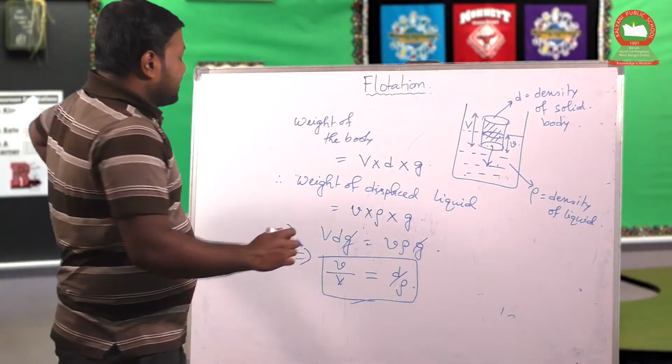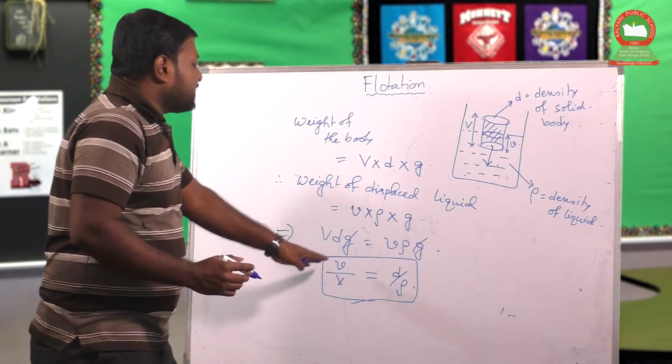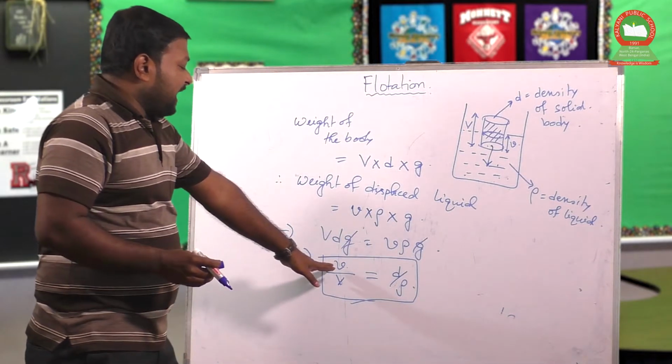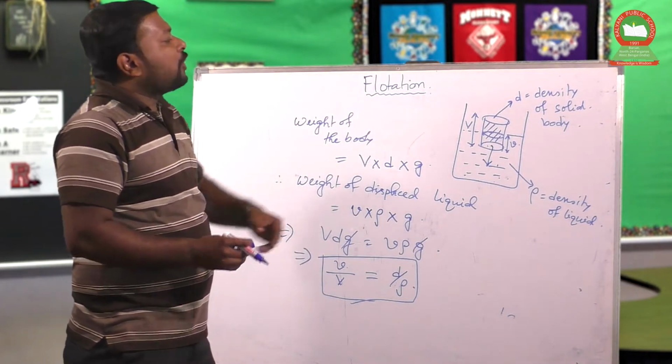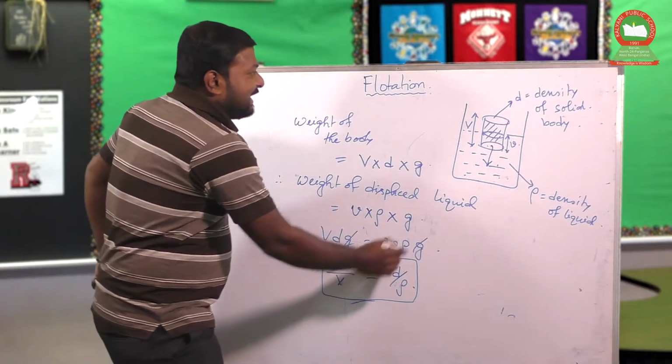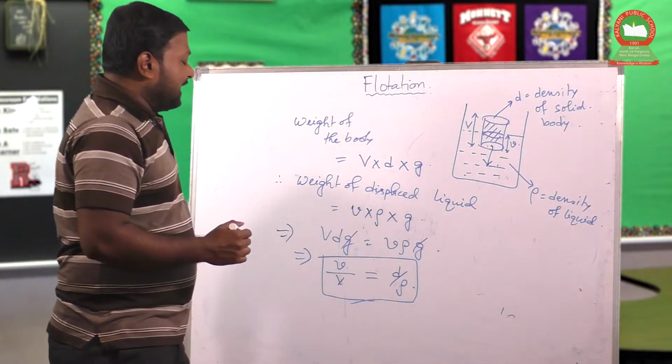Here small v is the volume displaced by the liquid, and capital V is the total volume of the solid, where D is the density of the solid body and rho is the density of the liquid.